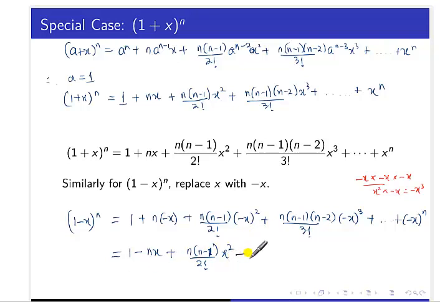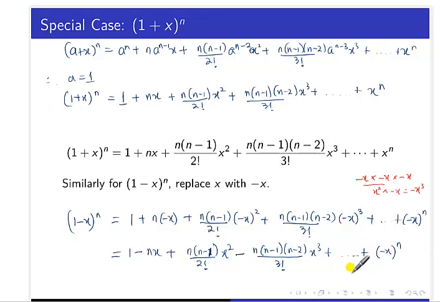We have minus n, and we have n minus 1, n minus 2, all on 3 factorial with x cubed plus up to the last term, and I'll write this as minus x to the power n, depending on the power of n.